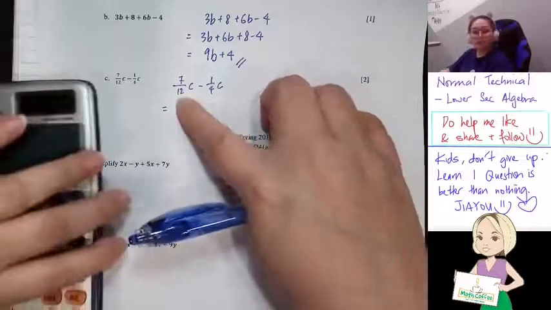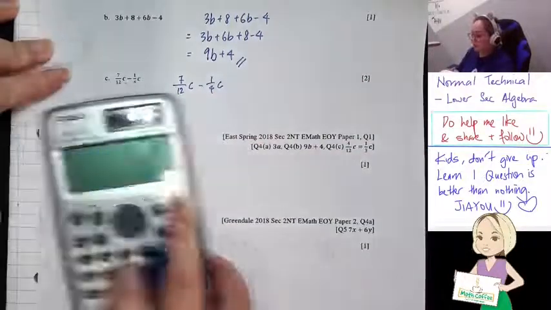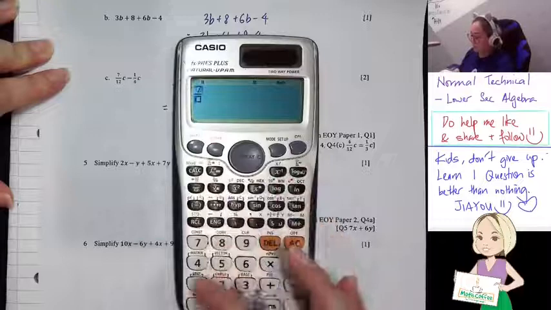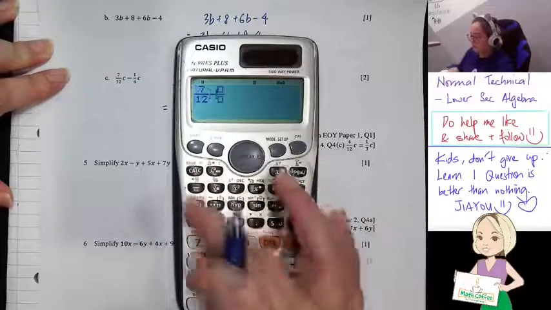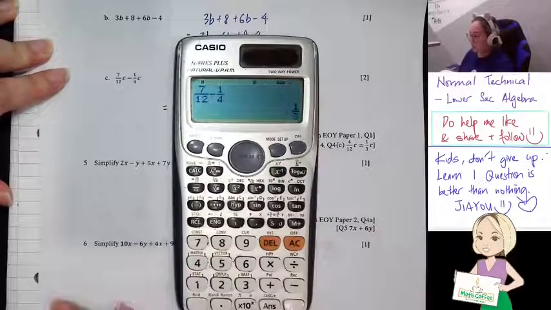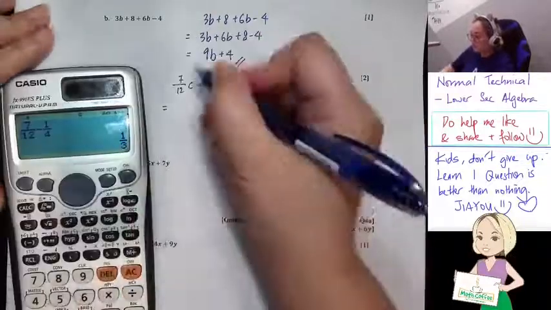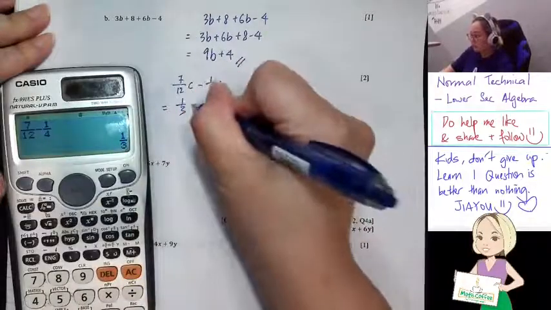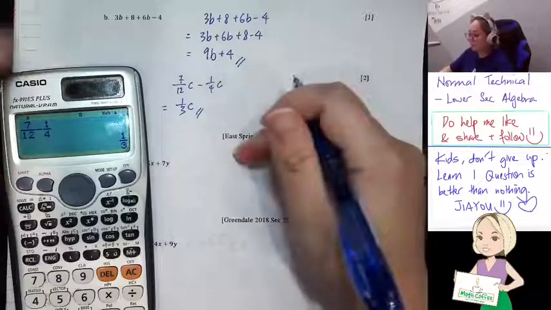So it seems it's the same, it's a like term. So what you can do is just press a fraction, 7 over 12 minus 1/4. Calculator gives you 1/3. So it means it is 1/3, but don't forget to put back the c, and that's our final answer.